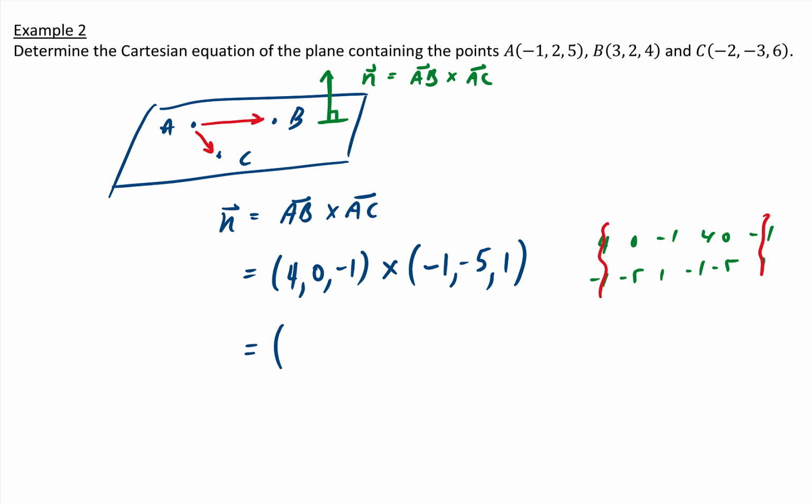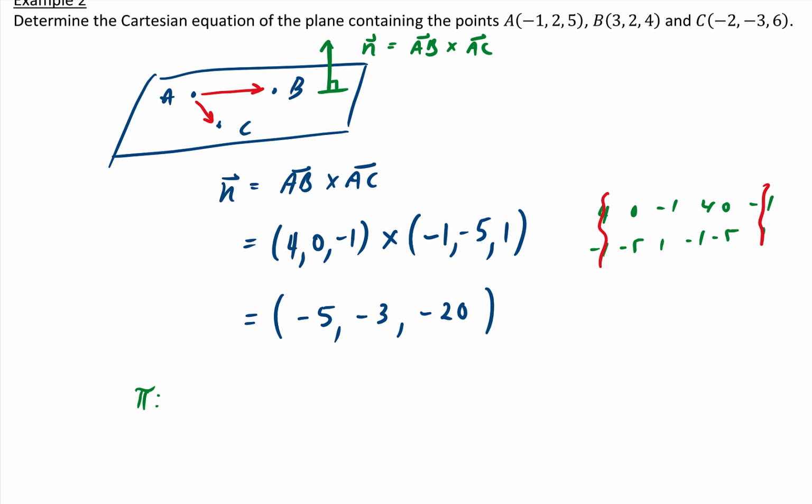And from our cross product, I get 0, so I get -5. And then I get 1 minus 4, so that's -3. And then I get -20 minus 0. So far we have that our plane is -5x minus 3y minus 20z plus d is equal to 0.